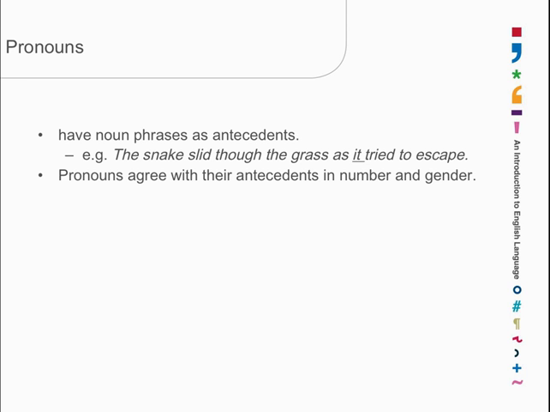In the case of the snake, we know that the snake is singular. Well, so is it. We know that the snake is, as far as the language goes, not a little boy snake or a little girl snake. It's an animal snake, and so it's an it. If we knew what its sex was, we could say he or she, particularly if we were kindly disposed towards it. Grandmothers, obviously, are she, and Uncle Jim is obviously a he, and the lawnmower is an it.